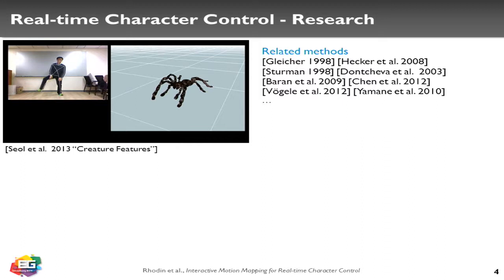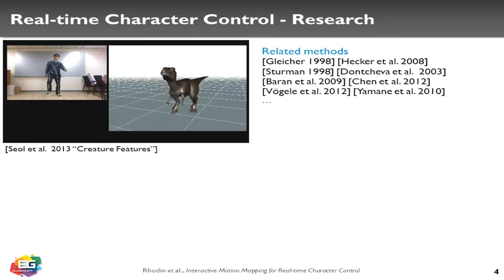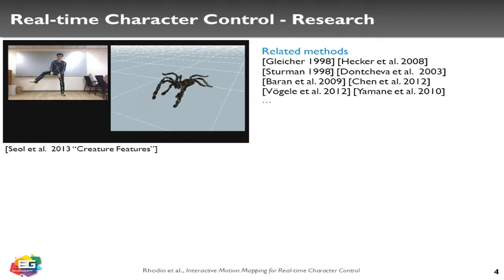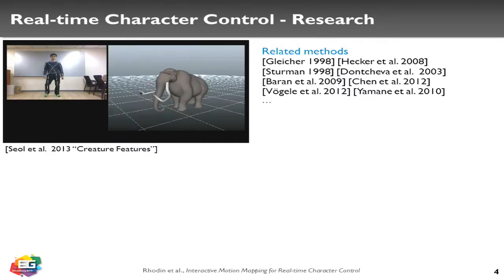Some of the most recent papers include one from our previous PhD student, which was done in SNU. In this case, they learned some mapping between motions of skeletons with very different configurations.